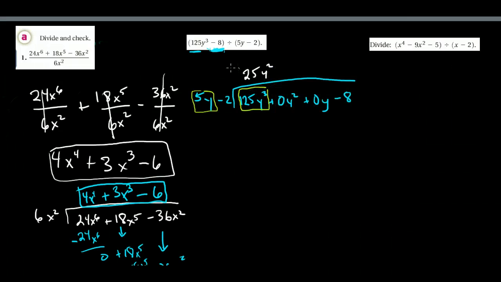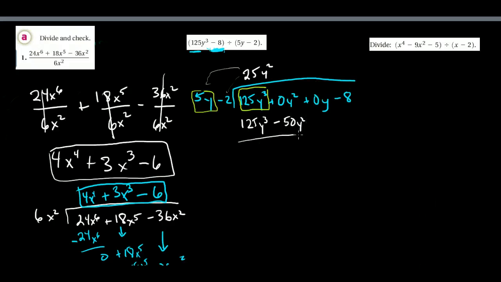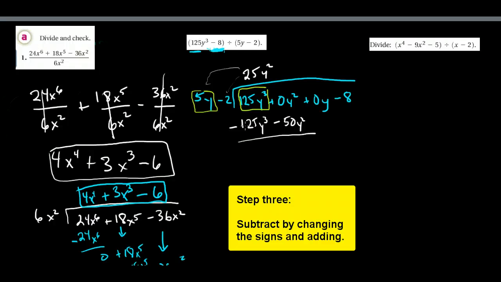And then I multiply. I have to distribute it, don't I? 25y to the 2nd power is 125y cubed. And then I distribute it to the negative 2, and it's minus 50y squared. And so when I subtract that now, I have to change my signs.